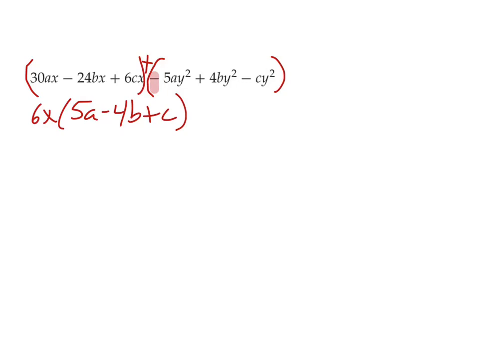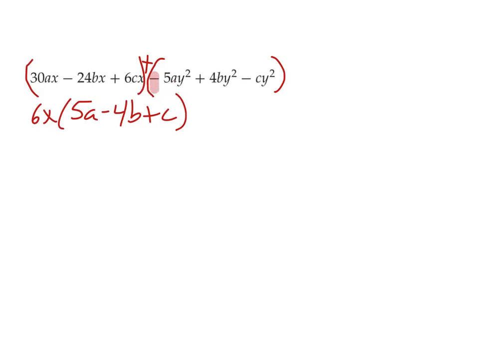There are two ways to approach it. One, when we started factoring, I said when that first term is negative, you want to take out a negative. But let's say you didn't remember that. I'm trying to get a 5a again, so I need to take out everything that will turn this into 5a. I've got to take out the minus, and I've got to take out the y squared.